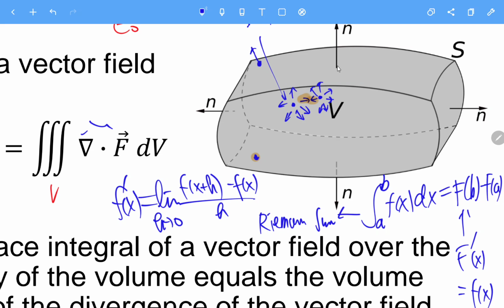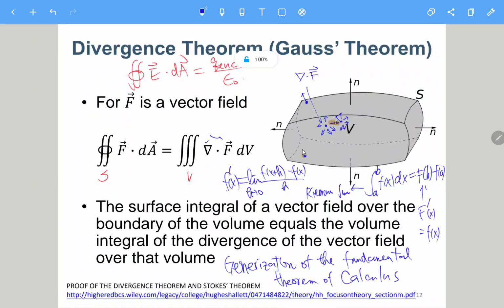So only the surface part of f remains, and it turns out to be the flux of f over this Gaussian surface, or the closed surface, and this is the divergence, and then you take the triple integral over the volume. It feels hard to understand, but yeah.